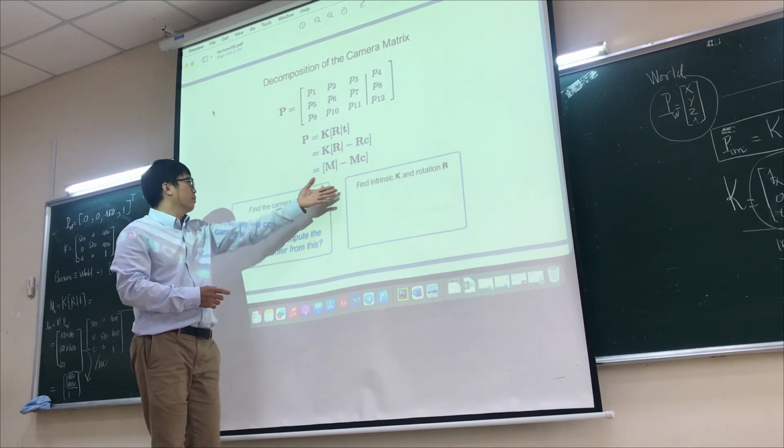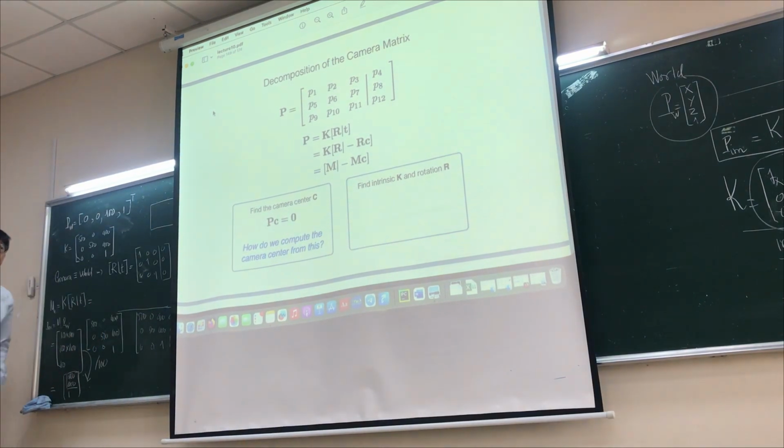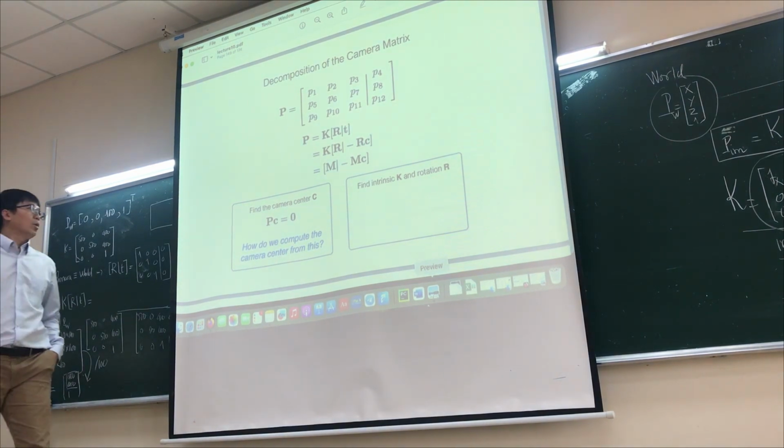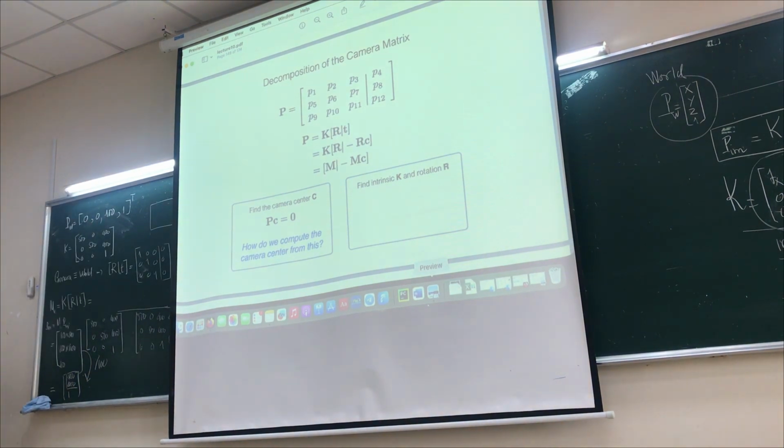But before we solve, let's talk about the camera center first. Do you know why you have this equation: P multiplied by the camera center equals 0?